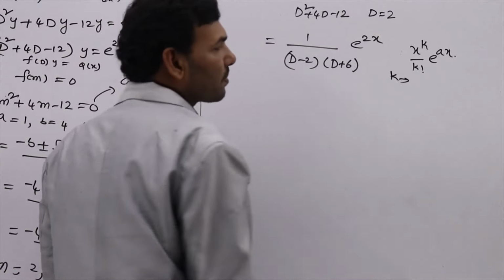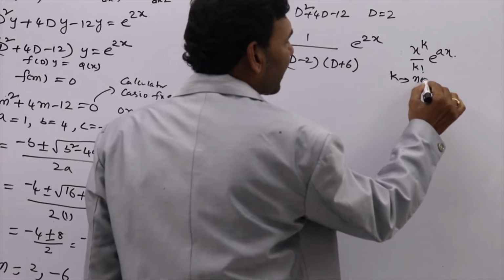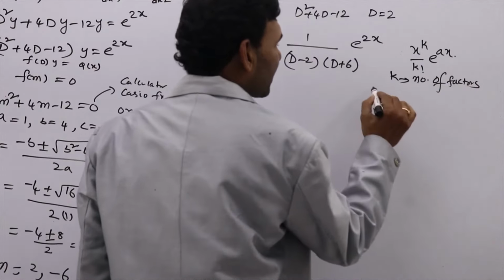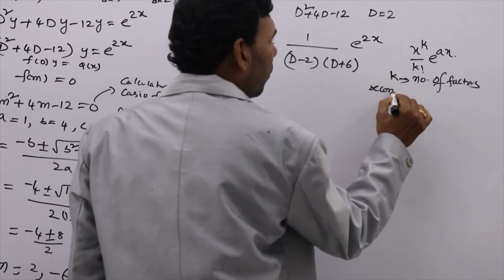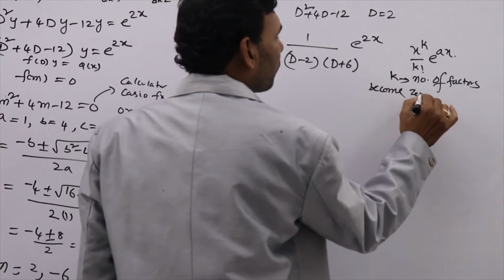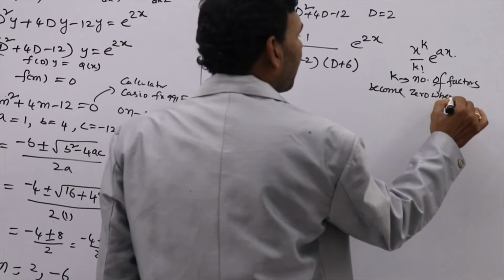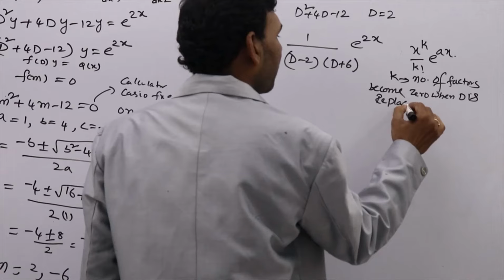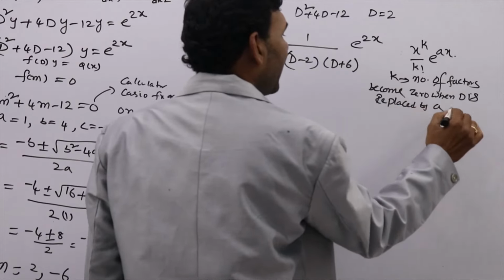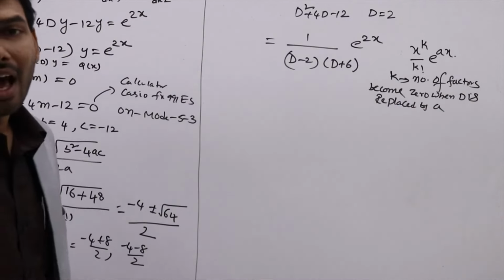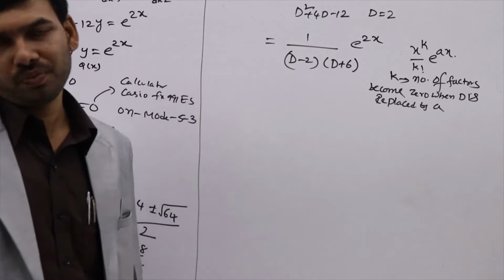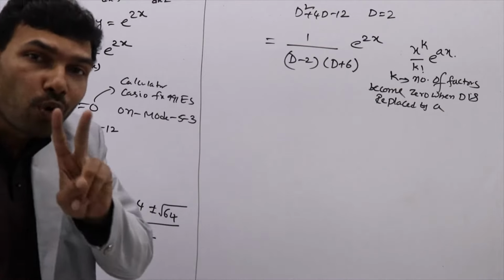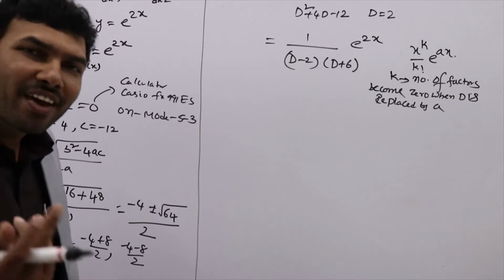Here k is number of factors become 0 when d is replaced by a. If you write in the place of d a, how many factors become 0? If one factor becomes 0, k will be 1. If 2 factors become 0, then k will be 2.